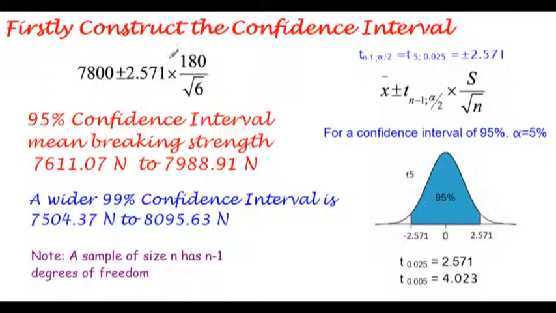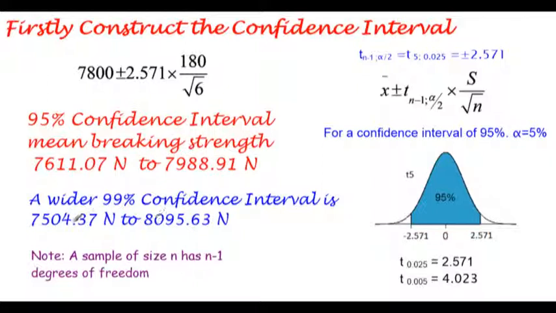So when we plug all the numbers in, we get 180 on the square root of 6. We're using a t5 over here, and this works out to be 7,611.01 newtons to 7,988.91. You can see it's not encompassing our mean of 8,000.